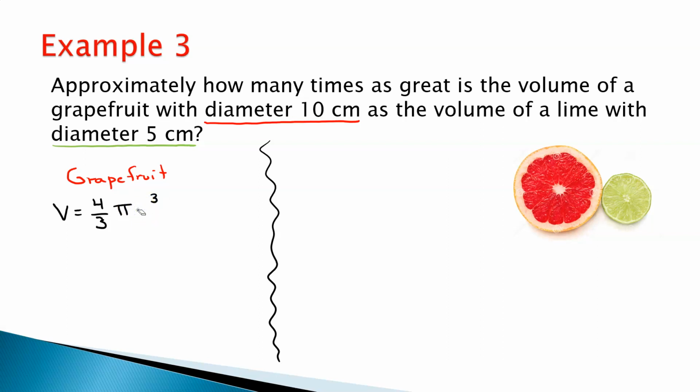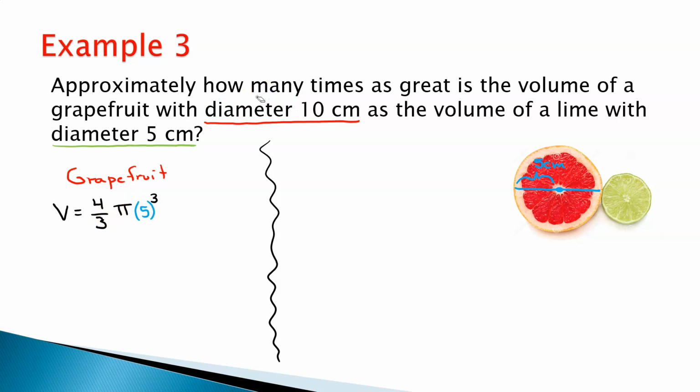They give me the diameter, which is 10 centimeters. But the diameter is all the way across. I need the radius. The radius is only halfway through that, which is 5 centimeters. So the volume of this grapefruit is 4/3 pi, and then 5 centimeters to the third power.